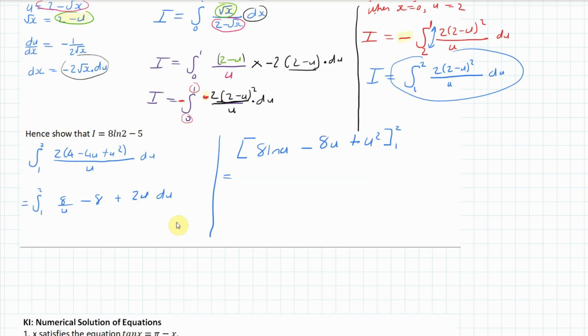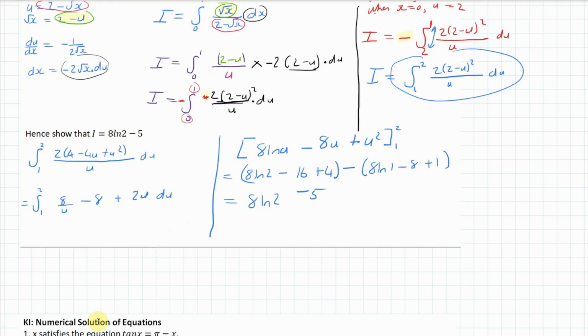So this gives us 8 ln 2 minus 16 plus 4, take away 8 ln 1 minus 8 plus 1. Now that gives us 8 ln 2 minus 12 plus 8, so negative 4. I think negative 5, and that's it, because this of course is 0. Alright, so that's that one.